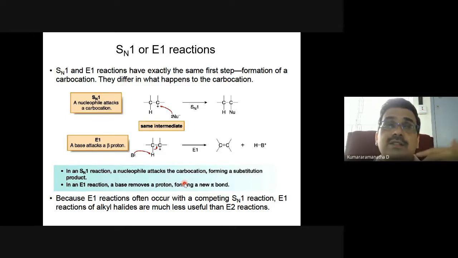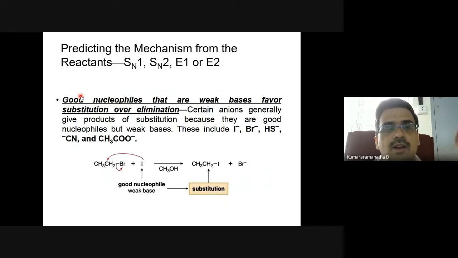Okay, but this is not much pronounced in E2 reactions. Now, if you have good nucleophiles among all these four, which one will form? Good nucleophiles, which are weaker bases, they favor substitution over elimination.